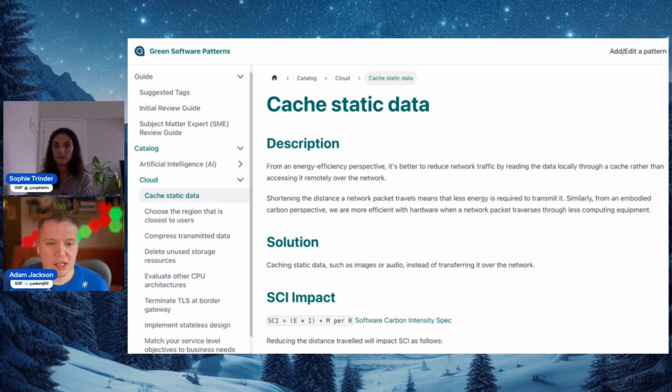Caching static data. So this is a great way of reducing network traffic by holding it in the right place on the network rather than delivering everything per user. That's about shortening the distance ultimately.